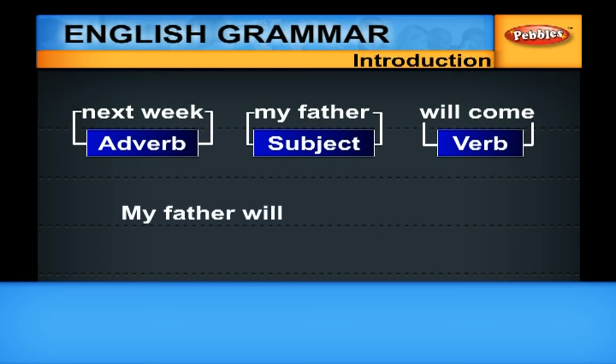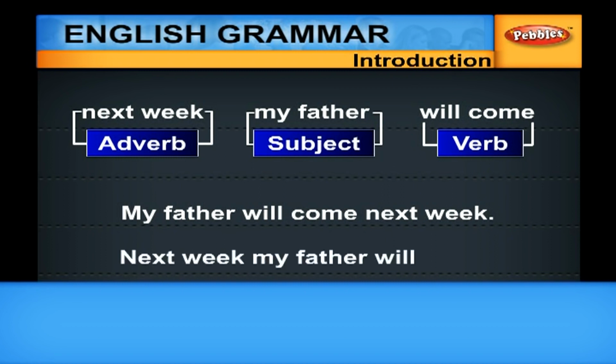My father will come next week. Or you can say, next week my father will come. If you arrange these words in any other manner, it will not be a meaningful grammatical sentence. You have to remember that in English, word arrangement is very important.